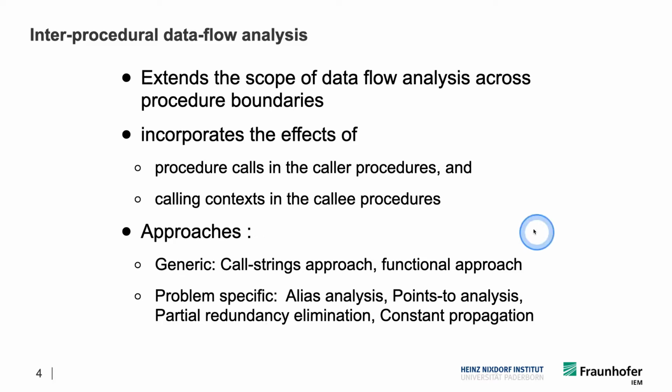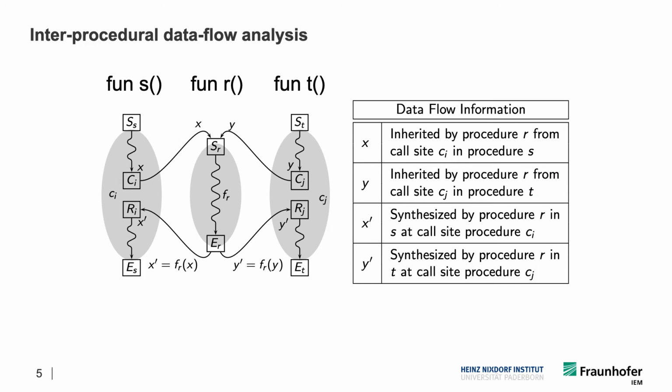So let us talk a little bit more about these effects that need to be incorporated. Here we are looking at a relatively simple program structure. We have a function R in the middle represented by the starting node of R, and then some data flow that is represented by this function FR that ends up at some exit node ER here, okay?